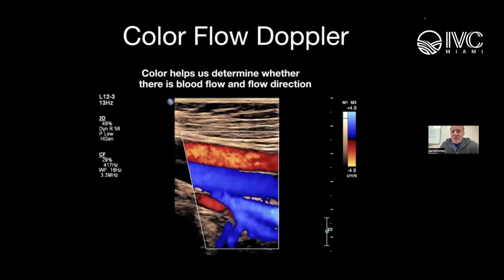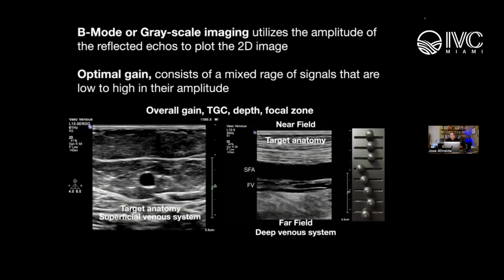Let's go back one slide there. You talked about resolution and frequency being inversely related, right? High frequency for superficial targets and low frequency probe for deep targets. You have to change probes for that, correct?